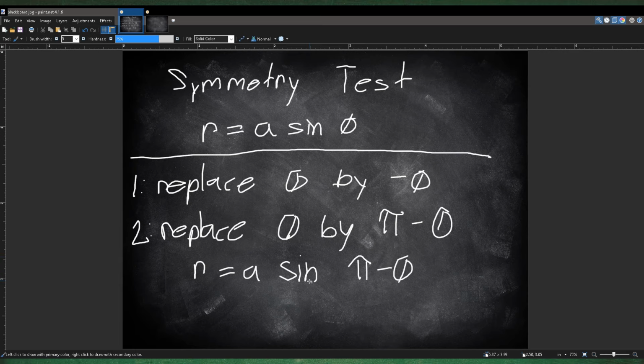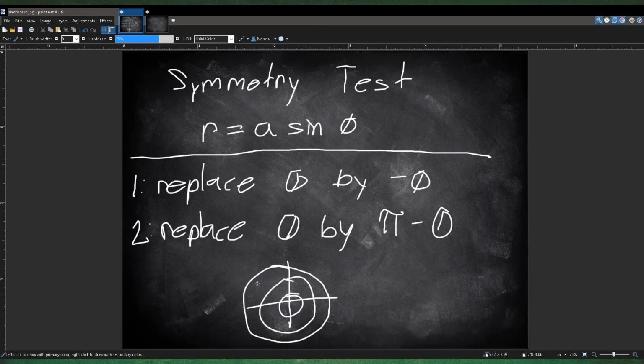I'm not going to do the property for you because you have to use trig identities, and usually this is the one that's longer. What this property tells you is that the polar graph is going to be symmetrical with the line theta equals pi over 2. So this is the line which is pi over 2, right? So it's got to be symmetrical with that.